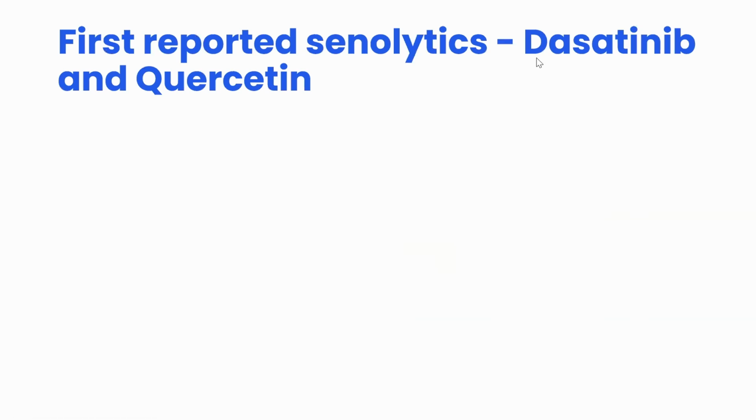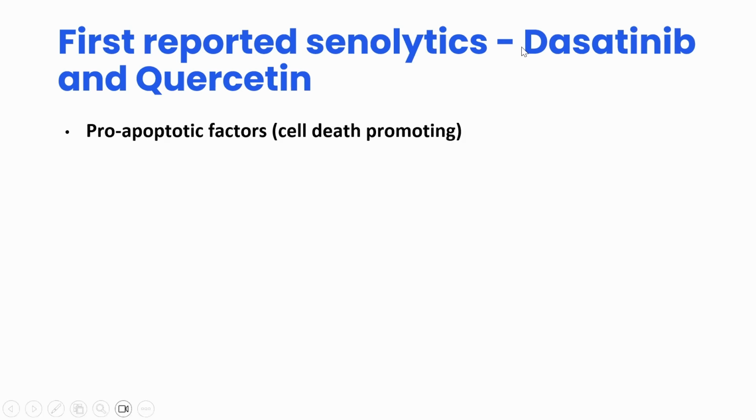And this is what I would like to focus on in this particular part of the presentation. It is the first reported senolytic combination, combining a naturally occurring antioxidant called quercetin with dasatinib. And this unique combination is the first to be described only very recently, in the last 3 years, as being more effective than any single compound alone.